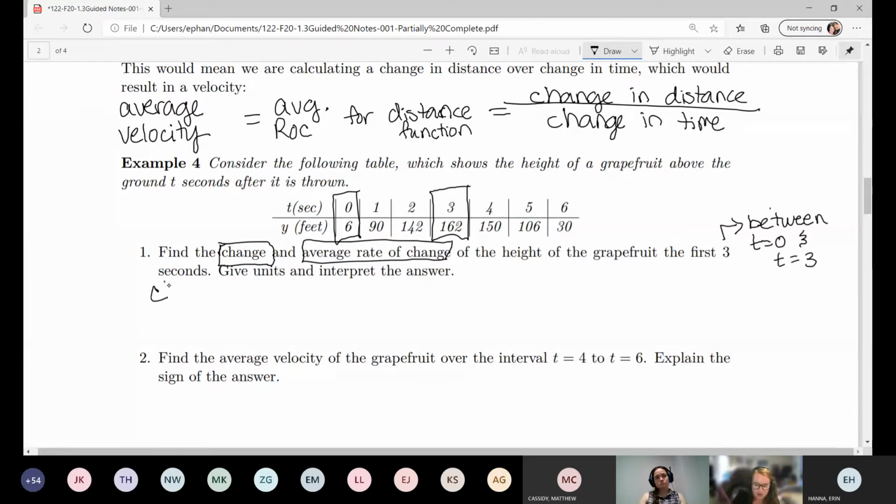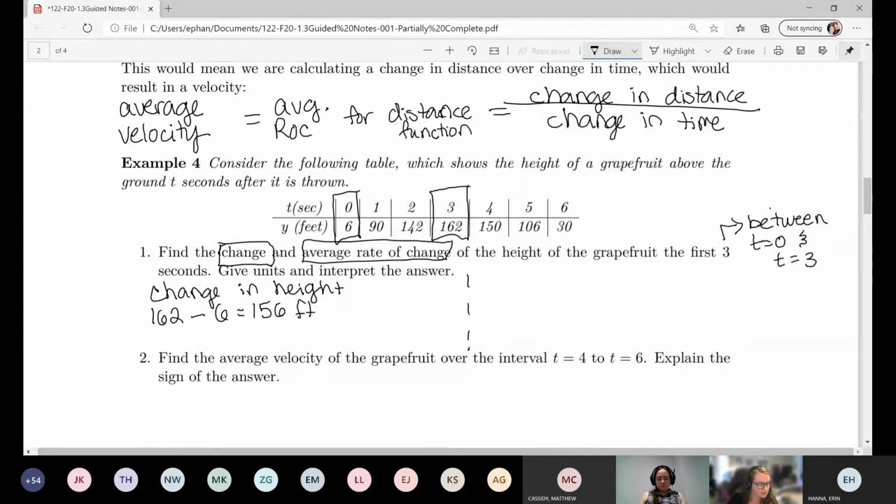So if we're looking for the change in height, we're going to take our height at t equals 3, which is 162, the ending height, and subtract the height that we started with, which is 6. So we're going to end up with 156 feet.